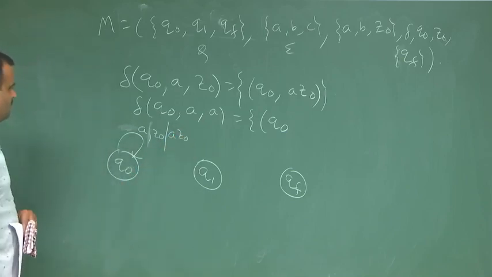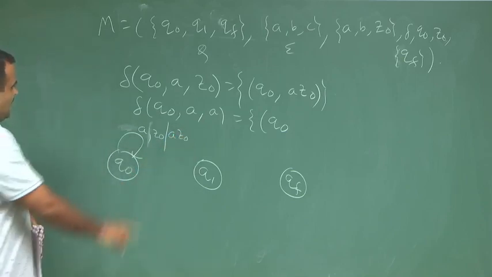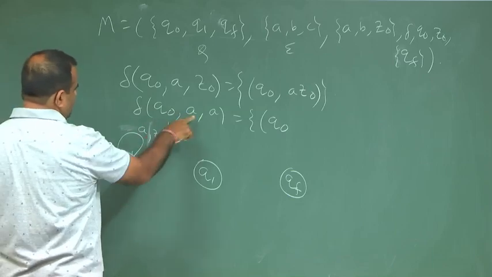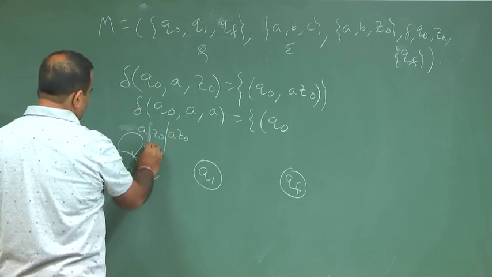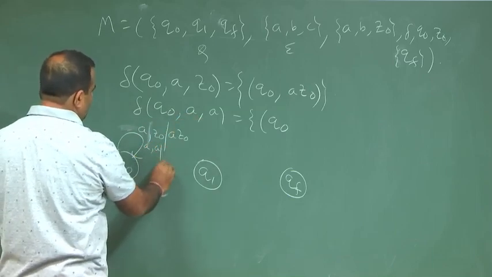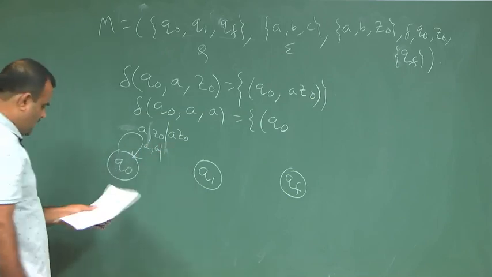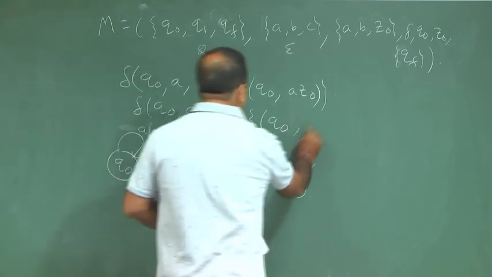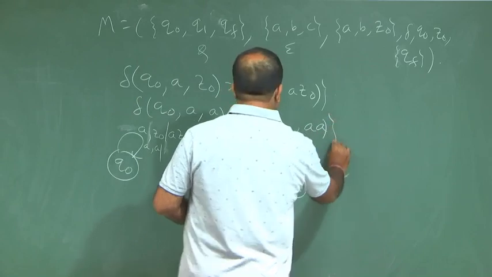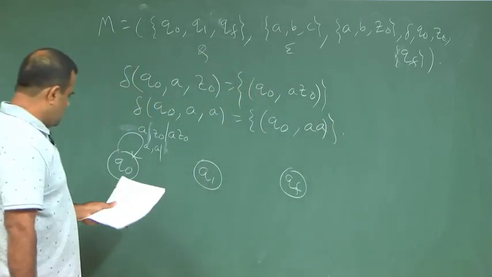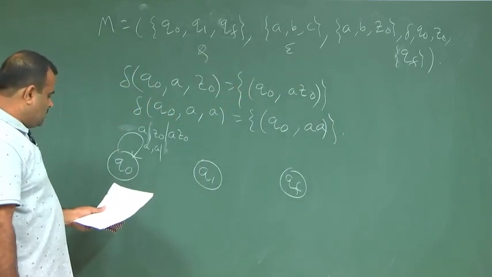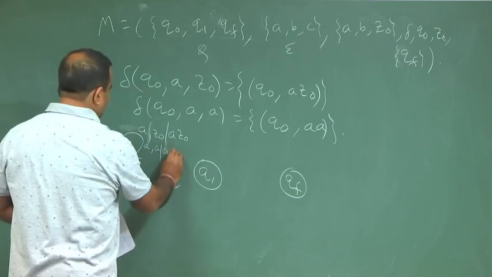So this is the way we do that. And delta of Q0 A: if we have A and the stack is also A, then this is going to be replaced by Q0 A A.